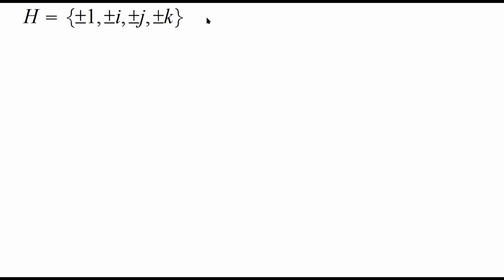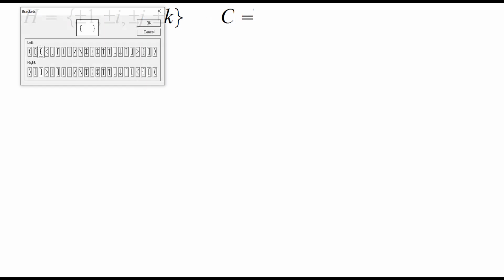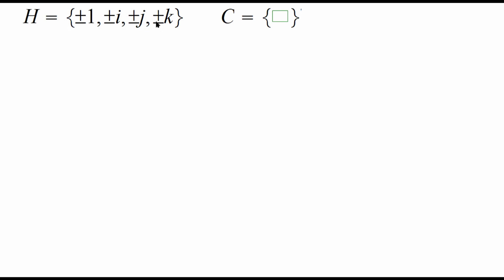Okay, and let's now turn to some finite groups. Now let us take the quaternion group and a subgroup. I'm expressing a subgroup by C, and the subgroup that I'm taking is {negative 1, 1}, which we had seen is a subgroup of H. So in here, if we look at the left cosets, one will be C, and then say we go iC, that will be the same as negative iC.